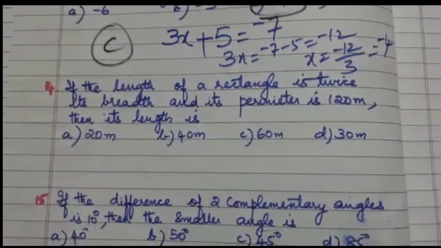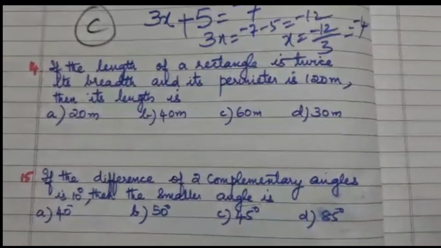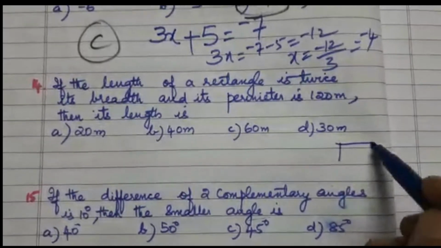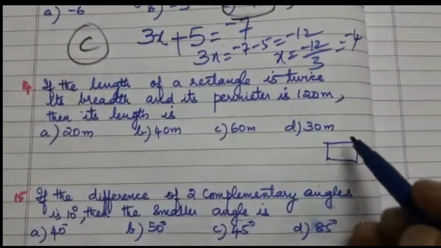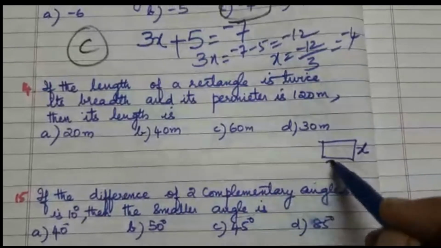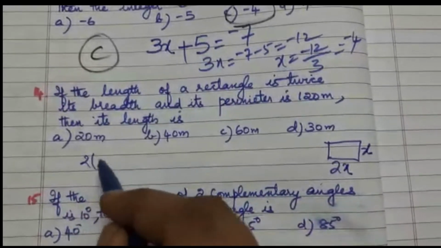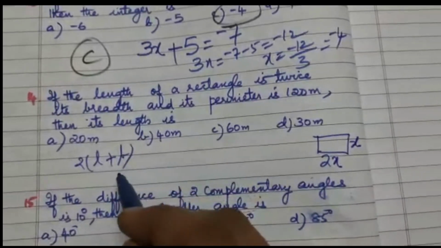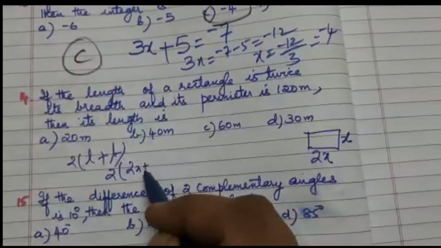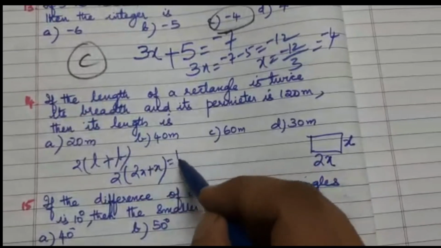Now next is, if the length of the rectangle is twice its breadth. Okay, so breadth is taken as x, so length is 2x, and perimeter is 2 into L plus B, so 2 into 2x plus x, that is given as 120.